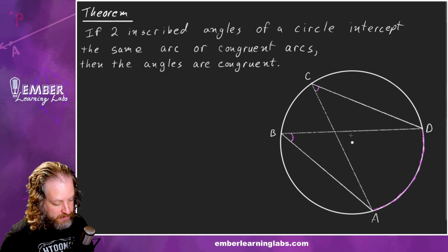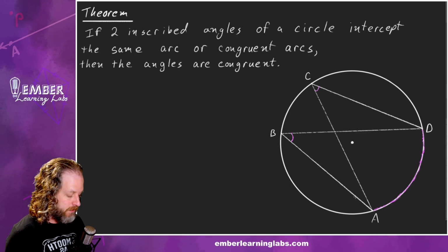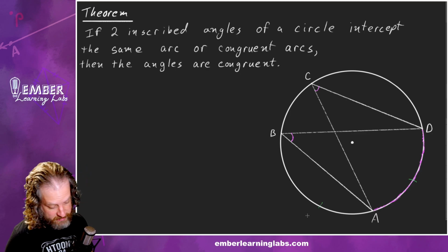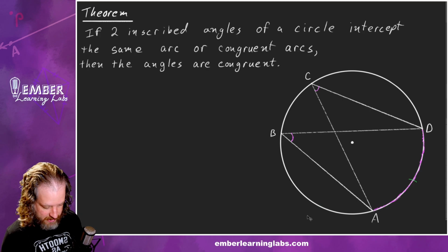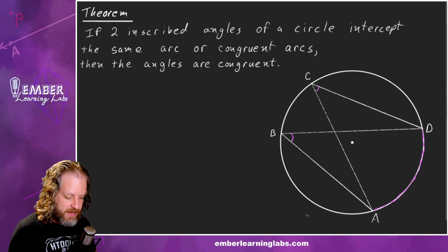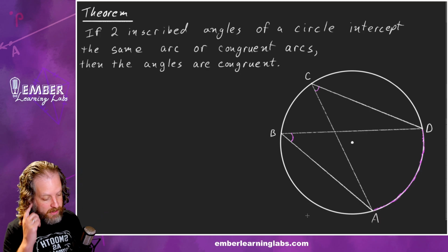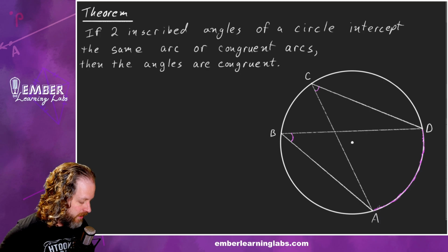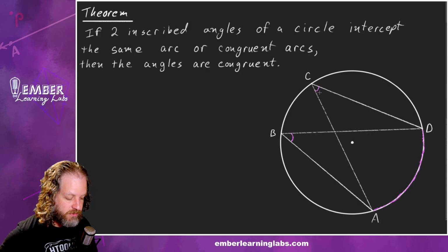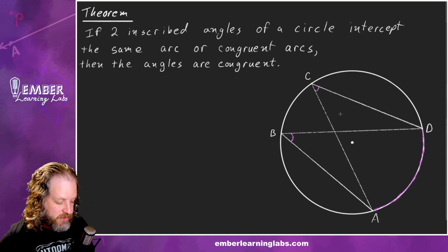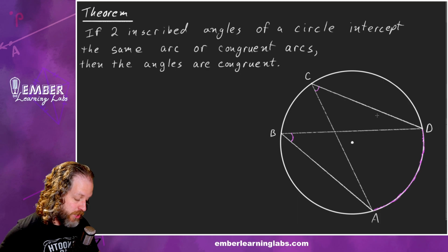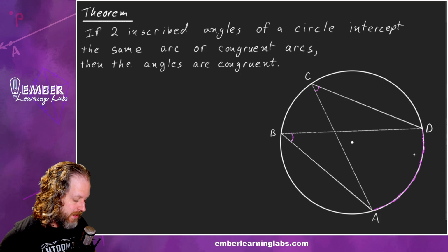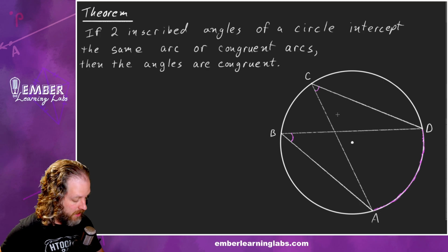It could be the exact same arc, which is a pretty common problem type, or it could just be congruent arcs, and they could be labeled like this one congruent to some other random one over there. But if they're the same arc or congruent arcs, then the angles are congruent. So because it's the same arc, angle C is congruent to angle B. I know it's all labeled on there too, but just because they intercept the same arc, we know that they're congruent.